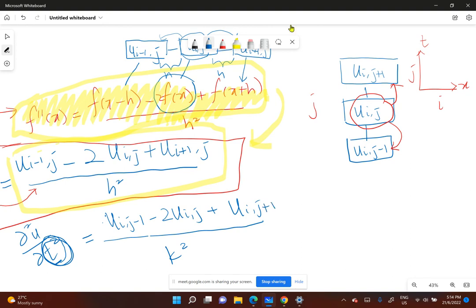Awak nampak, apa yang berubah adalah J. Bukan lagi I. J minus 1, J plus 1. And this one we use K for the step size. Sebab kenapa? Sebab dia T. Dia adalah T di paksi Y kat sini. So dia atas dan bawah, bukan kiri kanan.